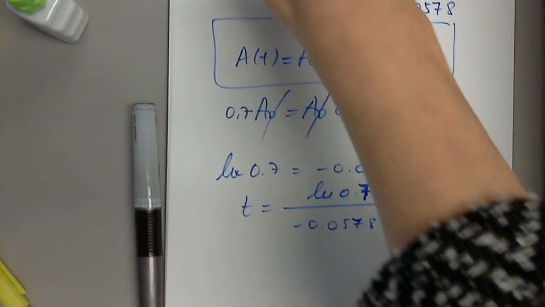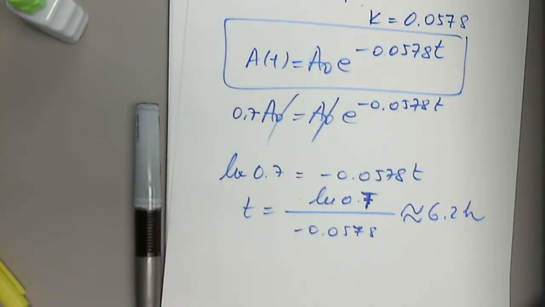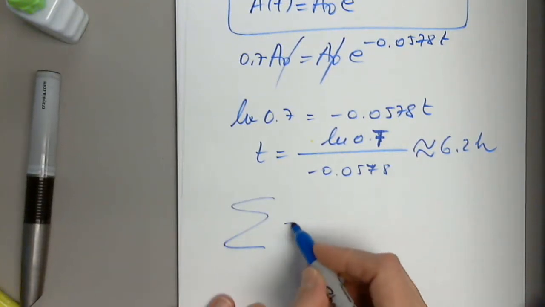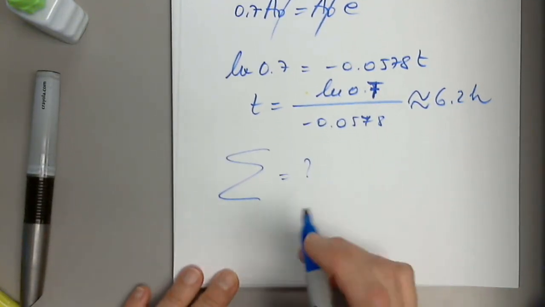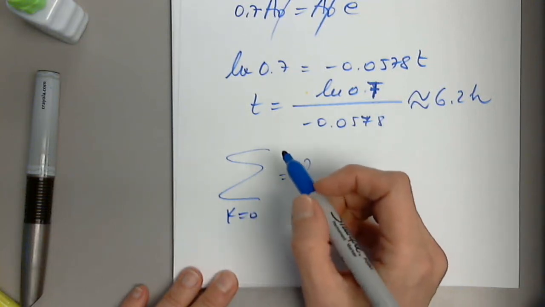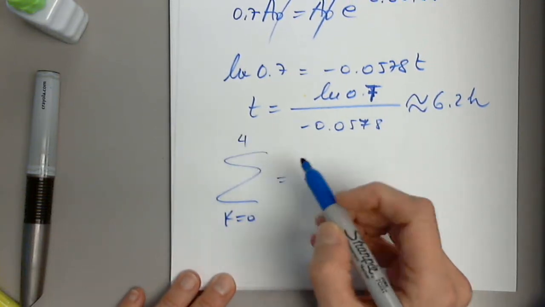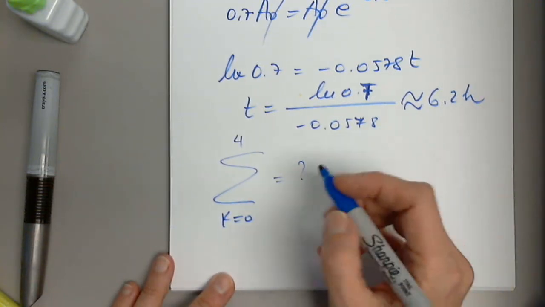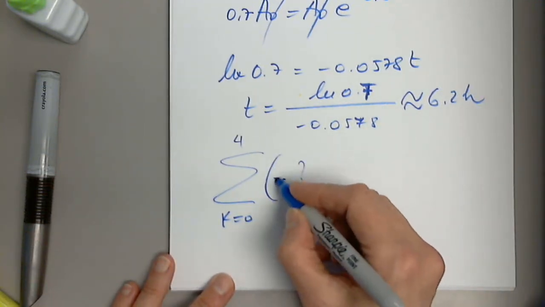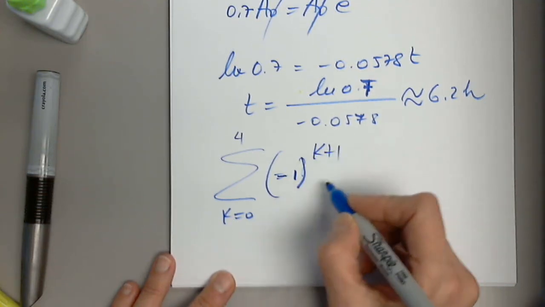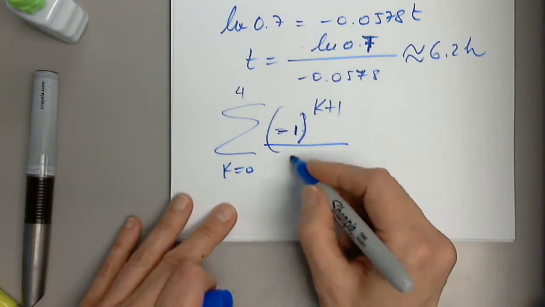Estimation. So they want you to find the sum of the summation. And they give you the lower limit, or the index, I'm sorry, is k equals 0. They give you the upper one is 4, and the expression, the general term, in parentheses, negative 1 raised to the k plus 1 over k factorial.